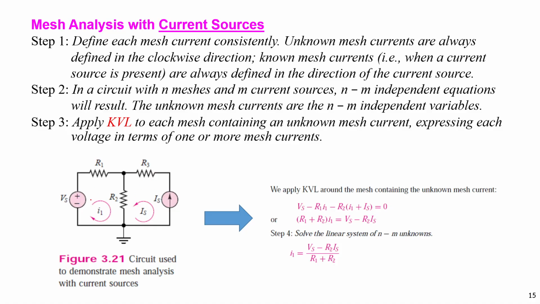If we denote I1 and then I2, we know directly that I2 equals minus Is, because I2 is Is in the opposite direction. Or Is minus I2 is Is, right? So we know this current.